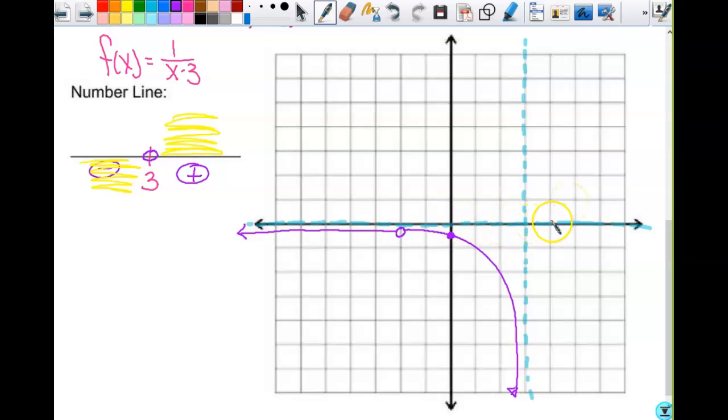We'll use 4. Sometimes we have to check a few points by substituting them in. So we'll use 4 for x. If I use 4 for x, I'm going to get 1 for y. So I can plot that point. So I know how close it actually gets, and I think that's good enough to be able to sketch this in.